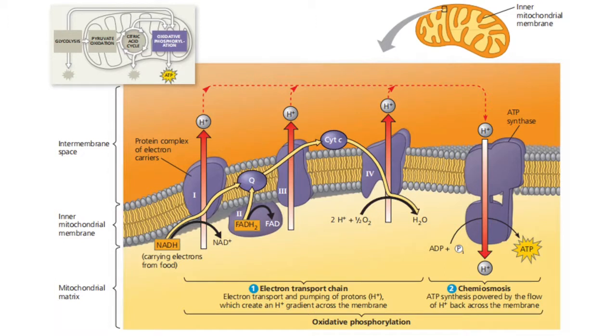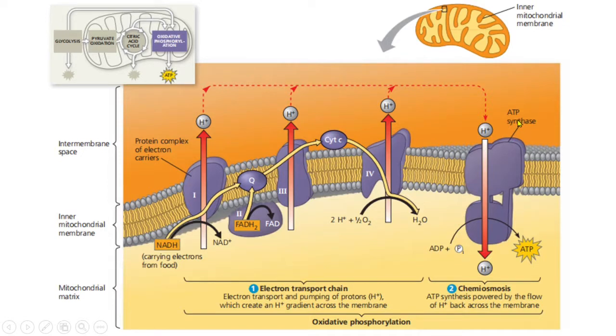So we already know from diffusion and osmosis that particles will be moving from higher concentration towards the lower concentration. So the hydrogen ions will try to find a place where it can go through a hole, so to speak, so that it can go back towards the other side. And what is that hole? That is where ATP synthase will be coming in. By the name itself, we know that ATP synthase produces ATP.